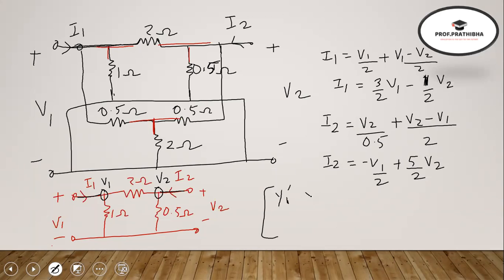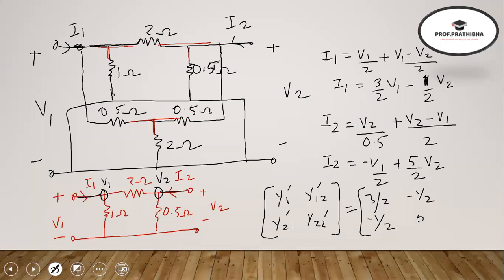This is Y11, this is Y12, this is Y21, and this is Y22. So this is going to be nothing but 3 by 2, minus half, minus half, and 5 by 2. So this is one equation which is already ready for you. Please take it down quickly. This is the solution for the first network.